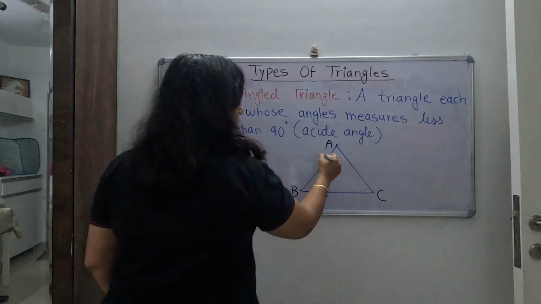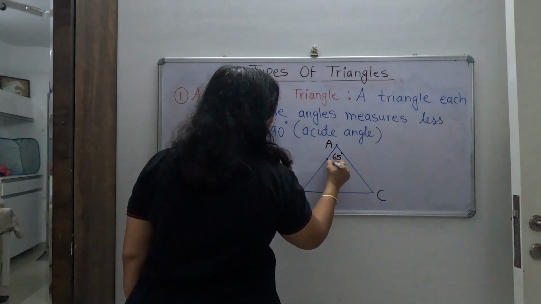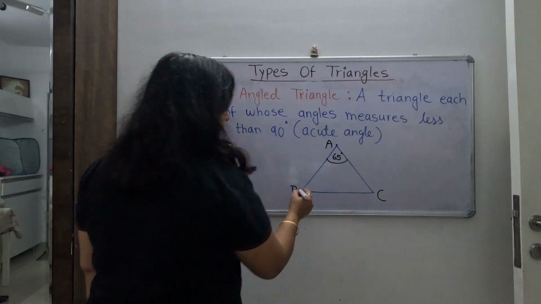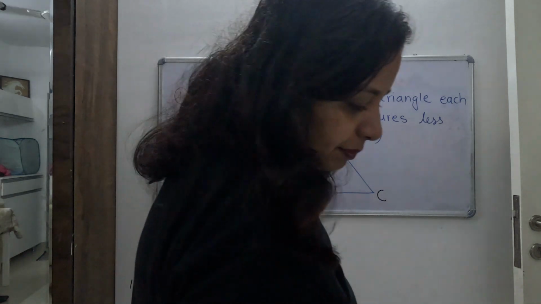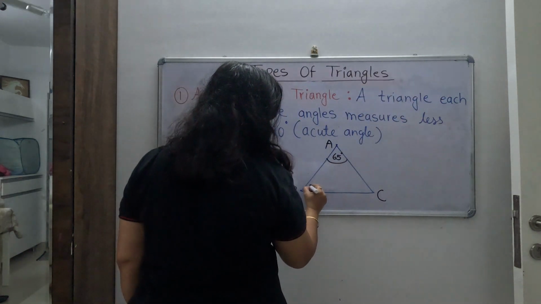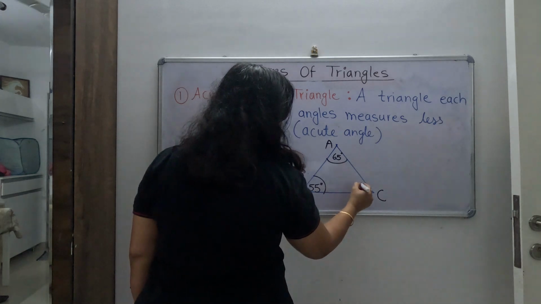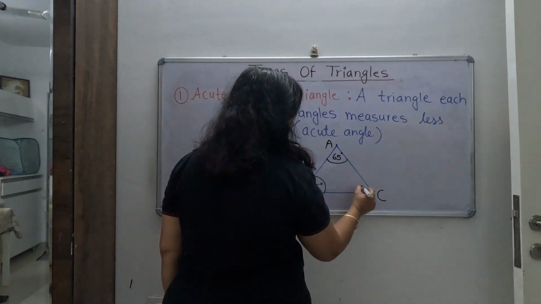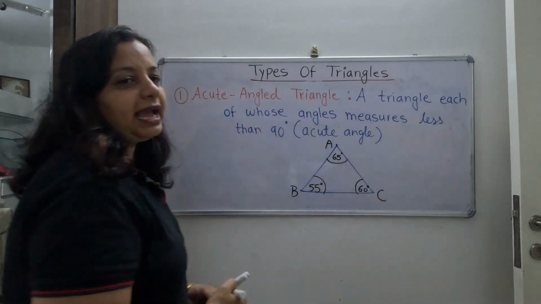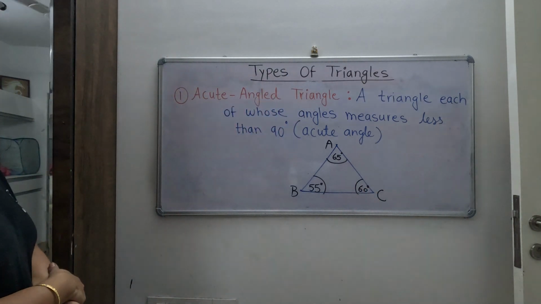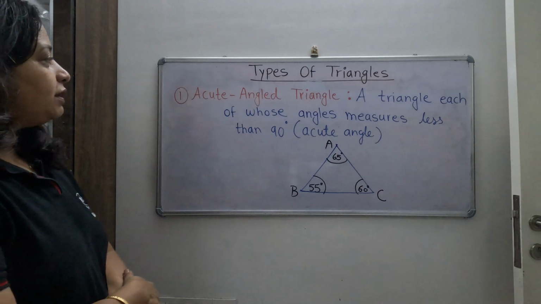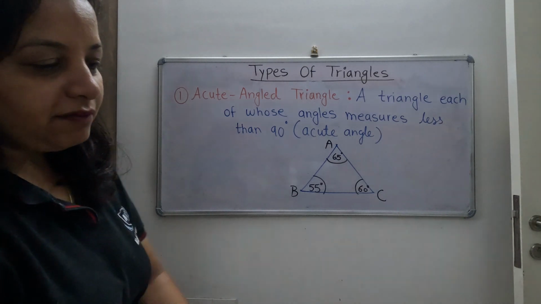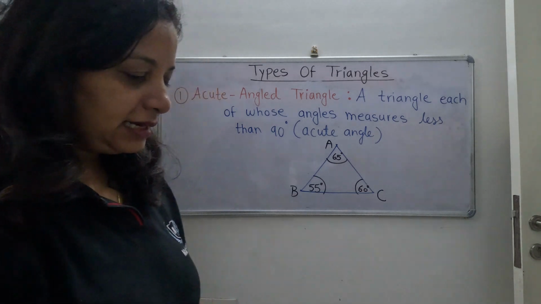For example, angle A is 65 degree, angle B is 55 degree and C we can take as 60 degree. See, all three angles are less than 90 degree, which means acute angle. So a triangle whose angles all measure less than 90 degree, we call an acute angle triangle.